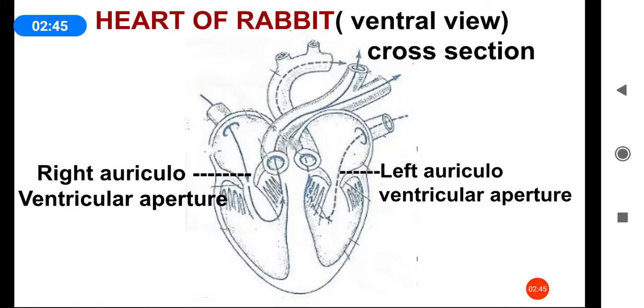The right auricle opens into the right ventricle by right auriculoventricular aperture. Like that, the left auricle opens into the left ventricle by left auriculoventricular aperture.